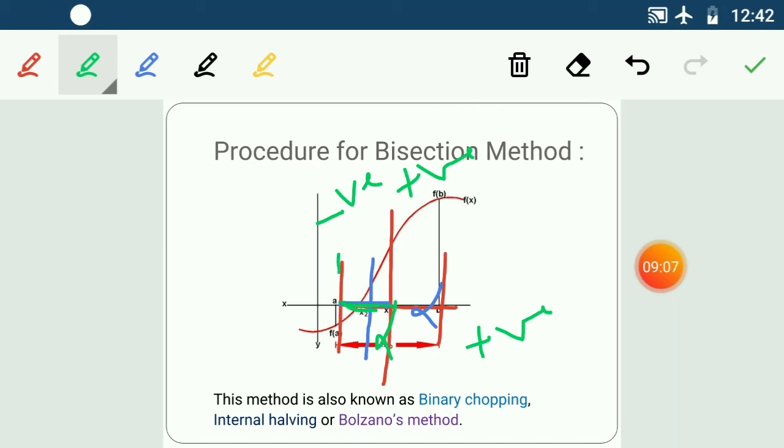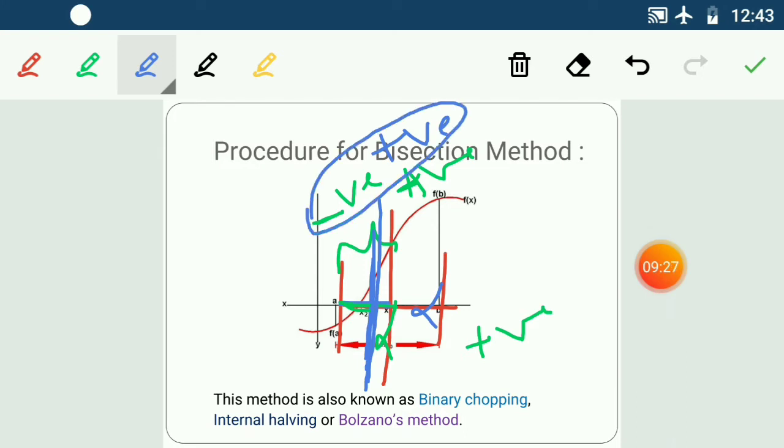Okay, in this range. So this range is again negative, positive, and if I have to go for the further iteration, then I will bisect it, and then you can see this value gives again a positive value. That means the negative positive set is here, not at this side. Okay, so we will work on this range, not the second range.